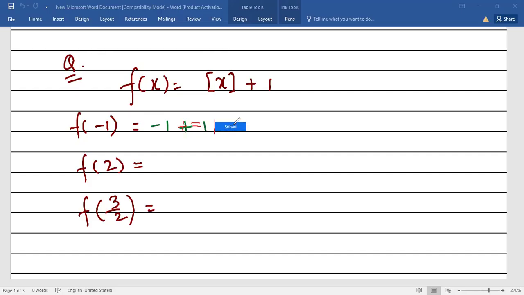So how much will you get? 0. Write it properly. So -1 plus 1 is equal to 0. Perfect. What is f(2)? 3. f(3/2)? 2. Very good. This is what it is.